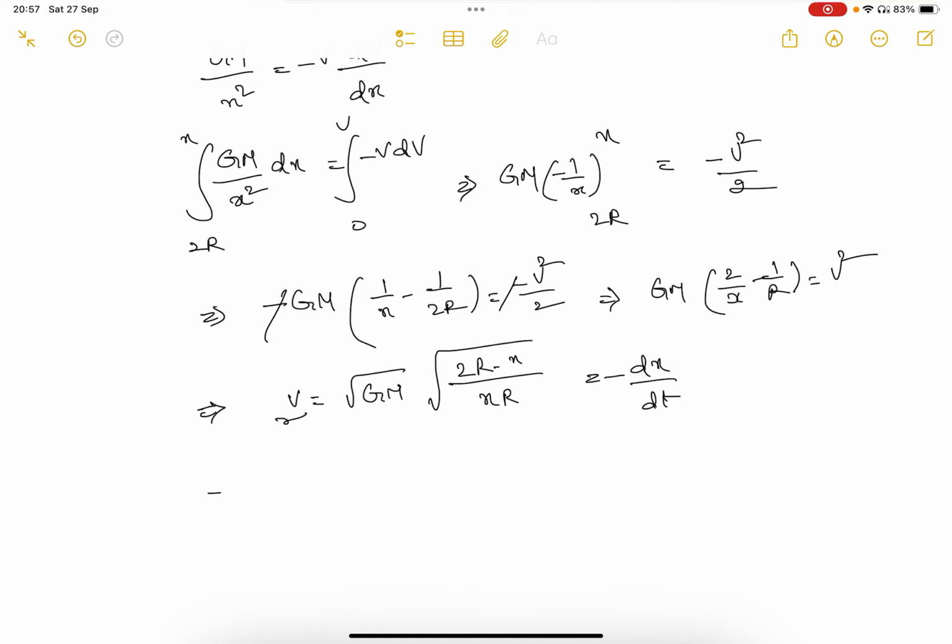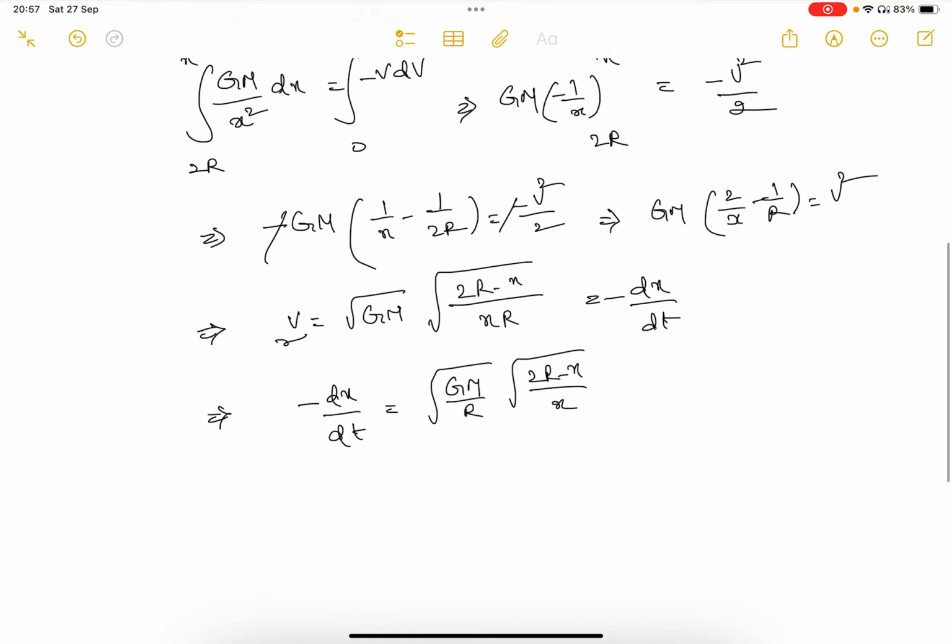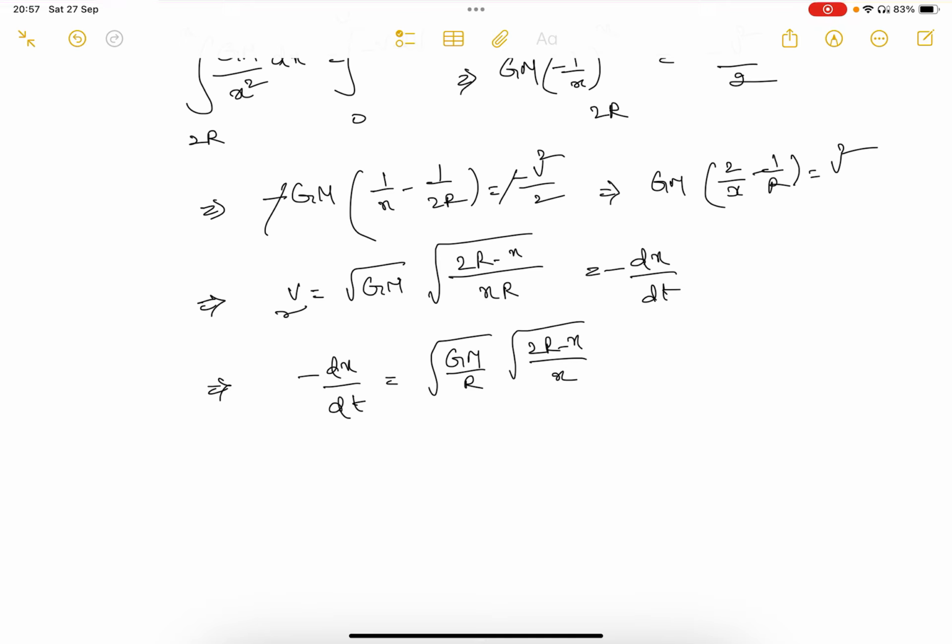Then minus dx by dt is root GM by r into root of 2r minus x by x. Then root GM by r into dt equals root of x by 2r minus x into dx, which is minus.